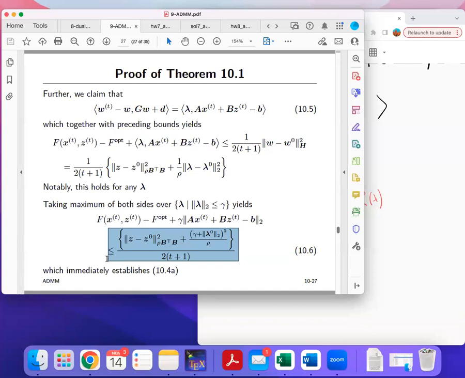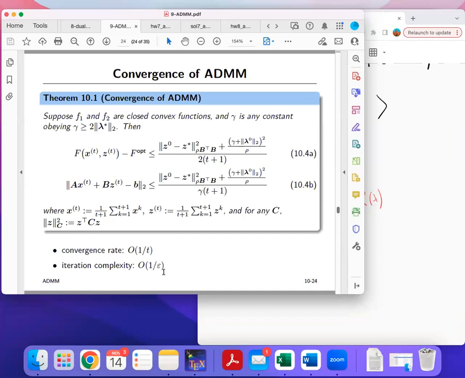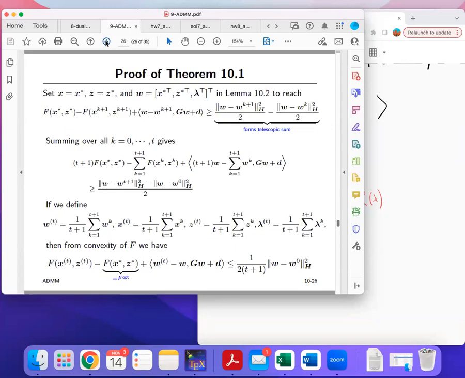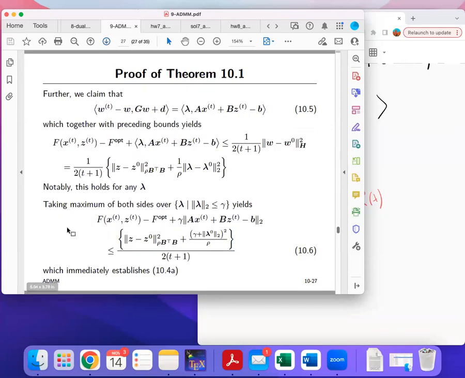And this proves 10.4a. Let's go check that. So we prove this one. We actually proved a stronger result, because this is a positive term. You can move it to the right-hand side and drop it.